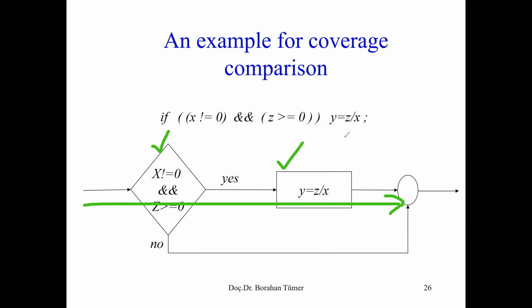The minimum number of test cases is equal to 1. Since we have two nodes, but one execution path sensitizes both nodes, one test case will be enough. Do you understand that?